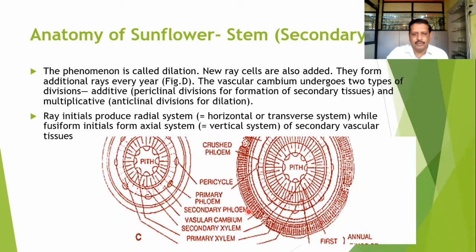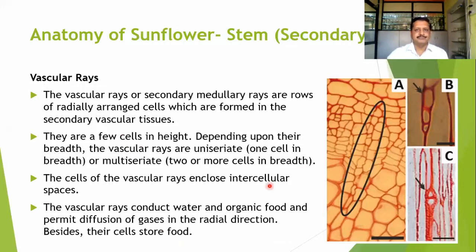So secondary phloem is developed in the form of a ring. So secondary phloem and secondary xylem are developed in the secondary growth.